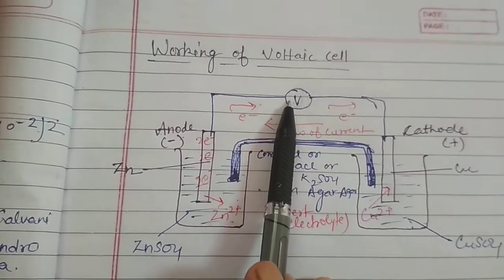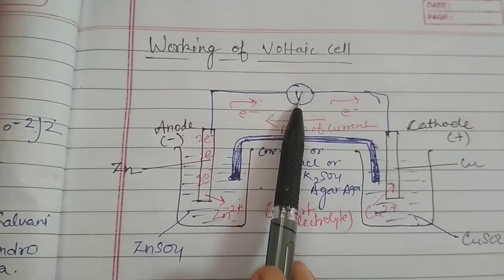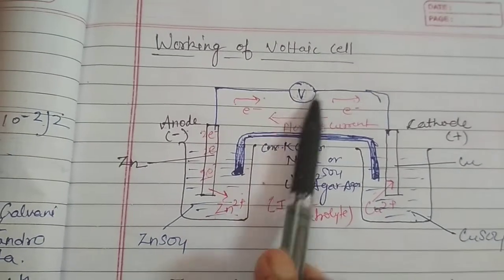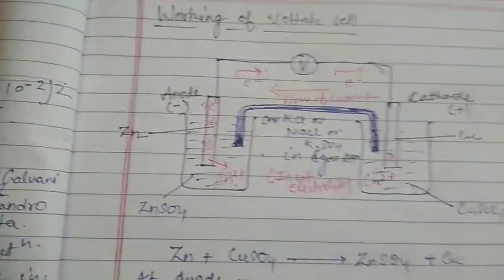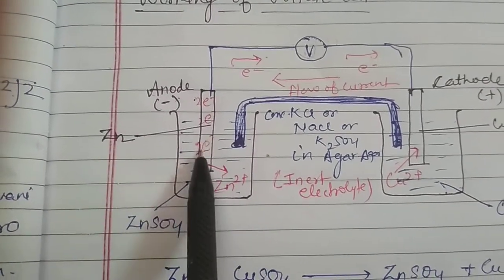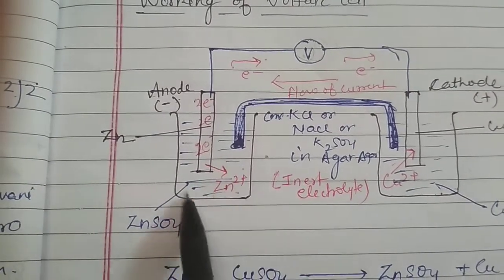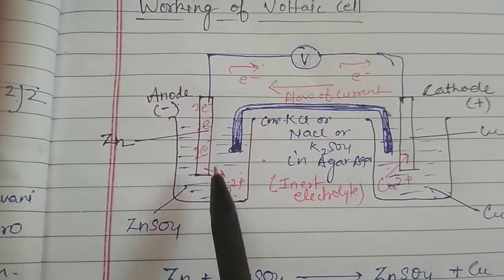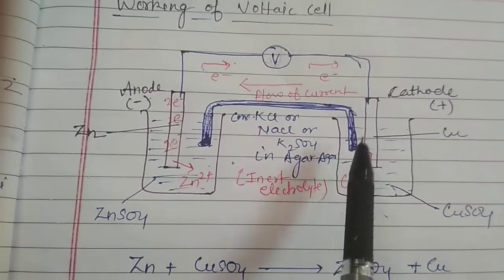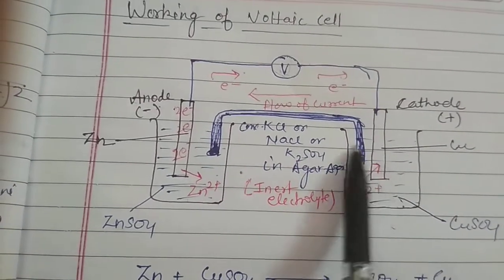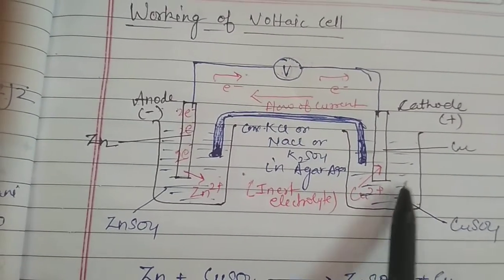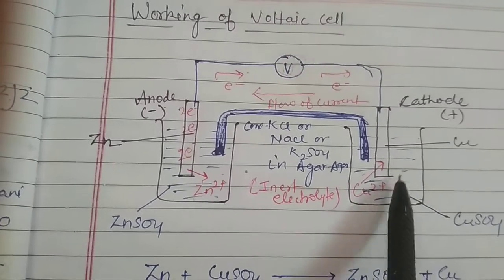If suppose we have taken a bulb here, the bulb will glow, but that would be for an instant. Why is it so? Why will it not glow forever? Because here we are able to see that zinc is being oxidized and zinc ions, meaning positive charge, would be accumulated around it, in the similar manner as we have taken copper sulfate solution here, and copper ion is being reduced on the copper rod and gets deposited, but the sulfate ion would be collected, meaning negative charge would be accumulated here at the cathode.